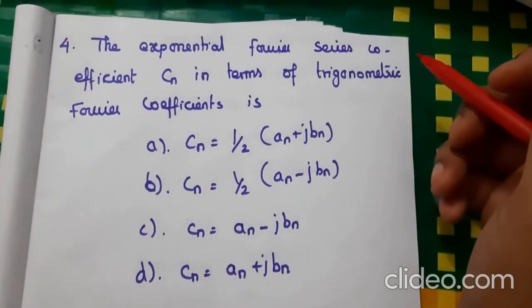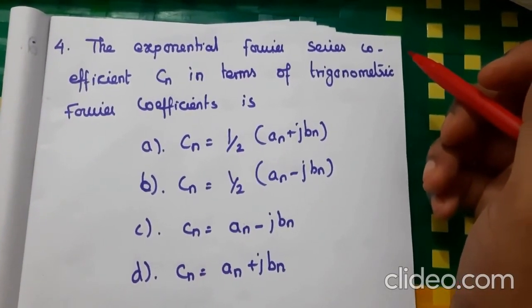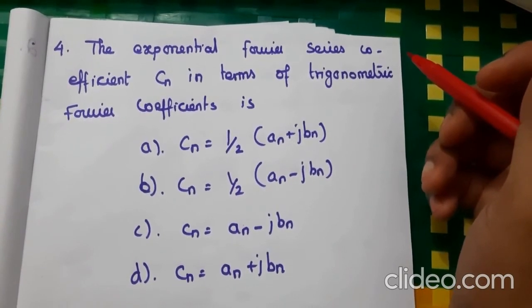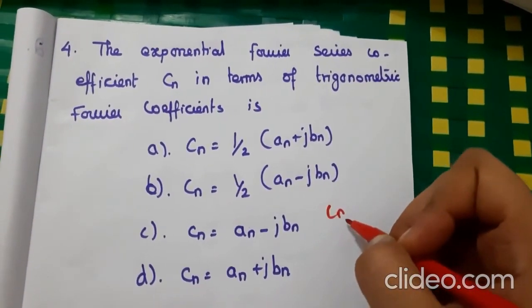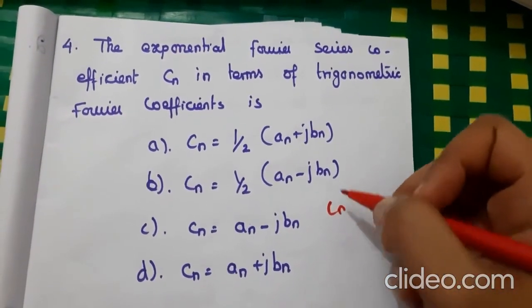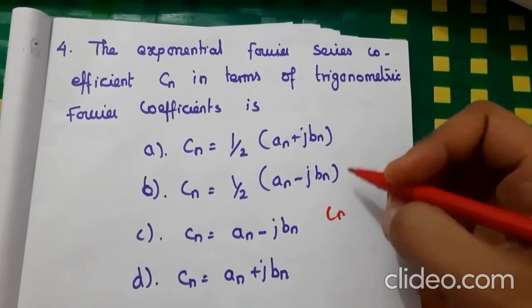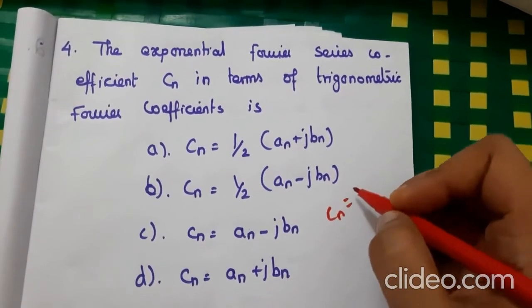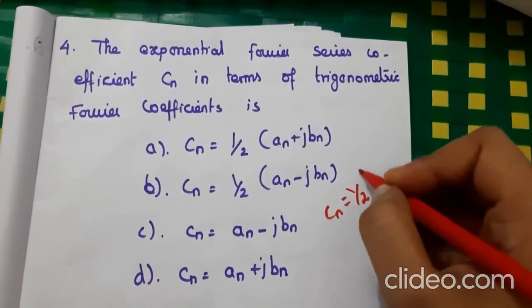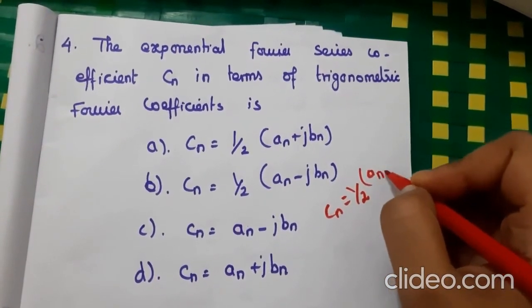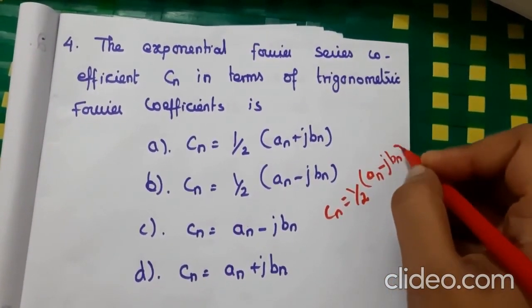Fourth question, the exponential Fourier series coefficient Cn in terms of the trigonometric Fourier coefficients is. We know Cn is the exponential Fourier series coefficient. In the last question we saw the Cn, and in terms of trigonometric Fourier series coefficients it is equal to 1 by 2 into an minus j bn.